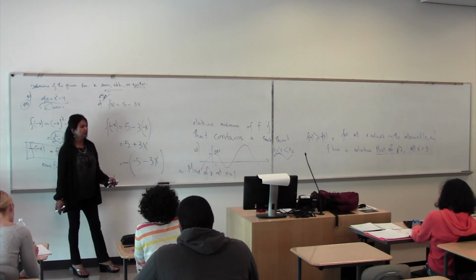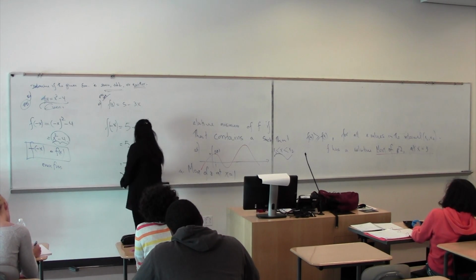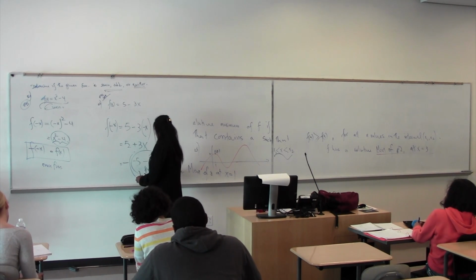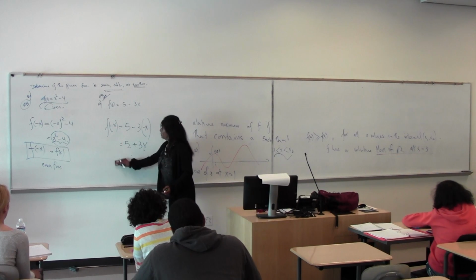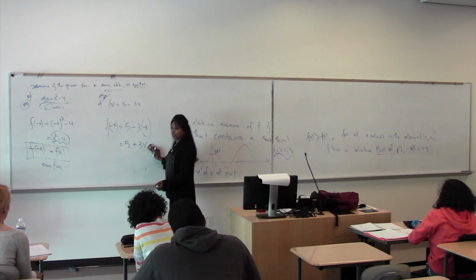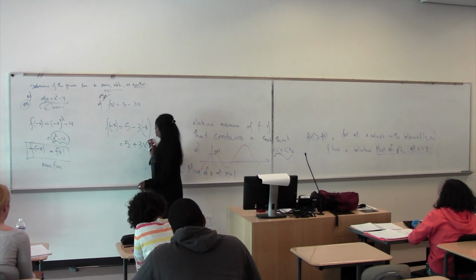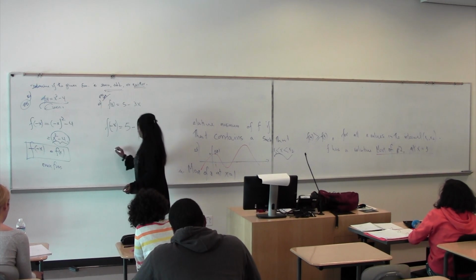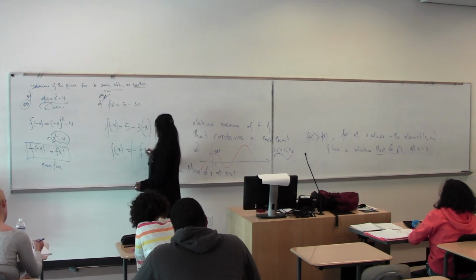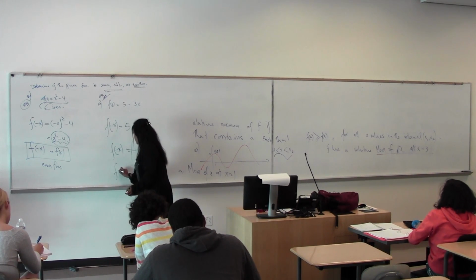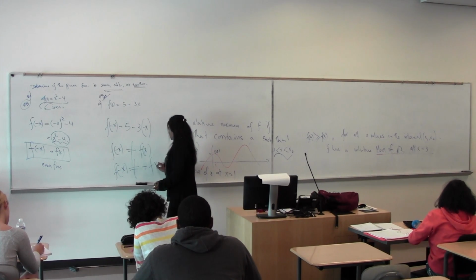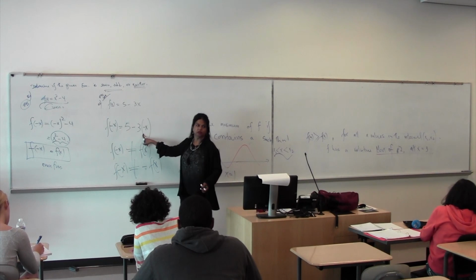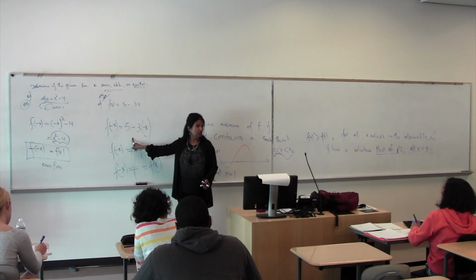Are we following this? This is not f of x, this is not f of x, this is not f of x. So we can't get the f of x. If you work with this, f of negative x is not equal to f of x in this case, and f of negative x is not equal to negative f of x in this one, if we use this function.